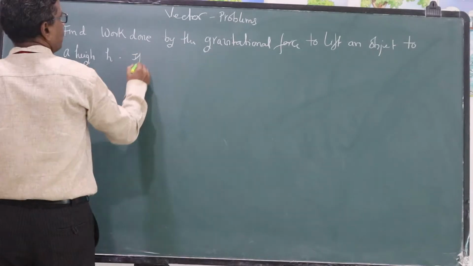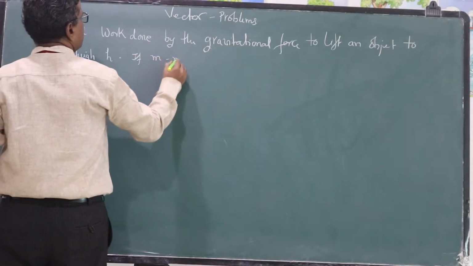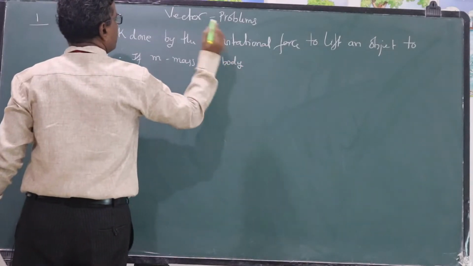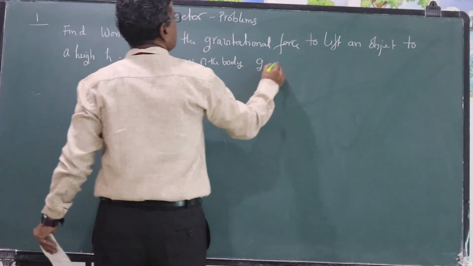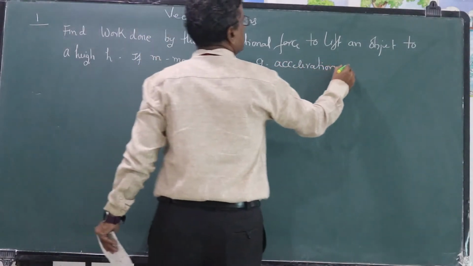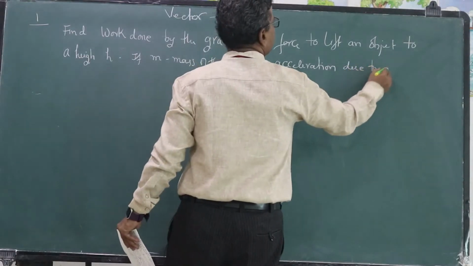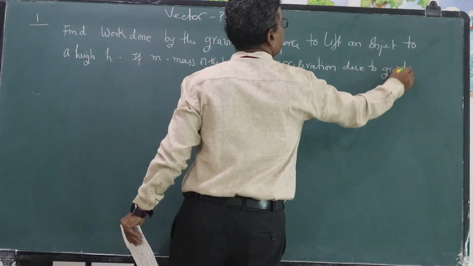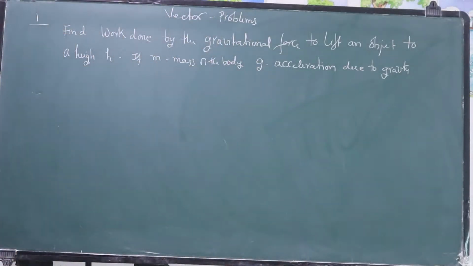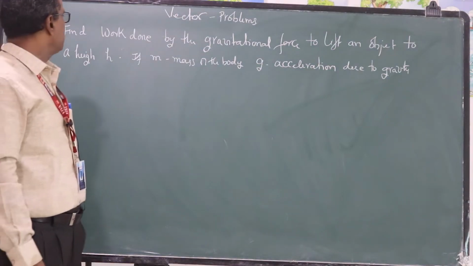If m is the mass of the body, g is acceleration due to gravity. So this is the problem. What is the problem? Find work done by the gravitational force to lift an object to a height h.